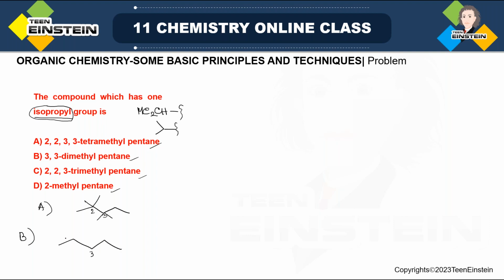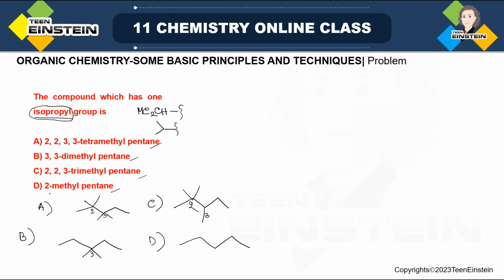Now this is the middle 3rd carbon, and here you have 2 methyl groups, but here you do not have any group like isopropyl. Then come to the 3rd one, again pentane. 2 position, 3 position, 2 position 2 methyl, 3 position 1 methyl. Is there any isopropyl? No.